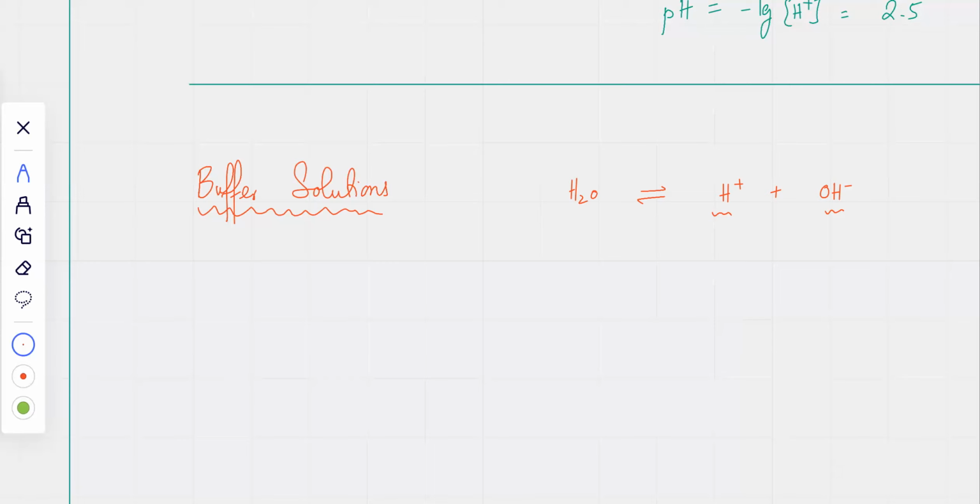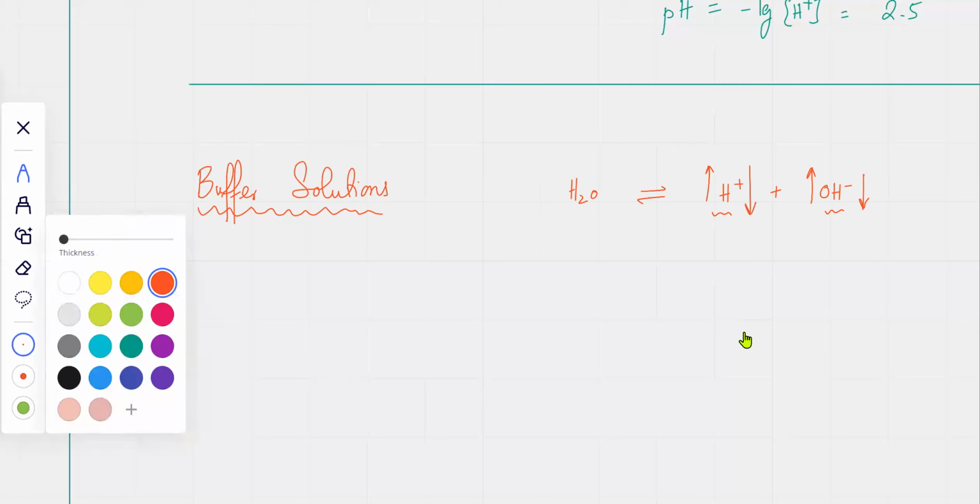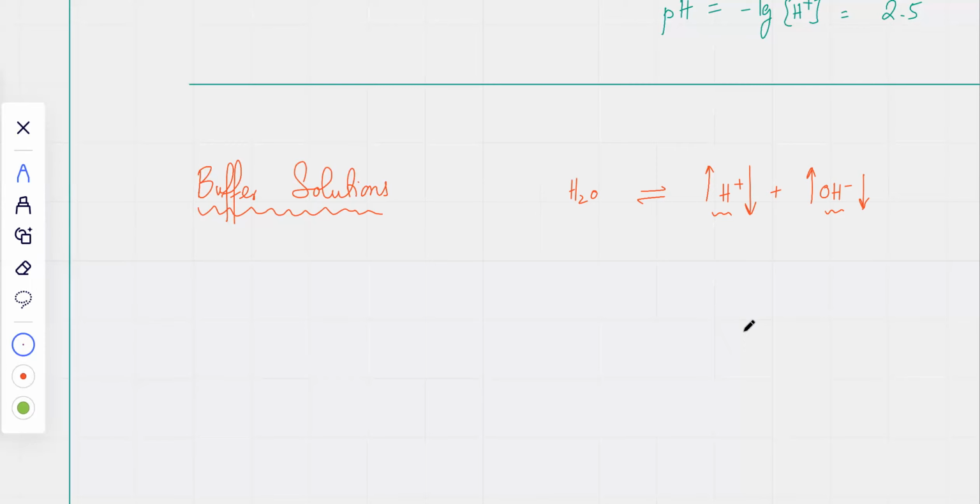Sometimes H plus 1 concentration increases and OH ion concentration decreases, and sometimes H plus 1 goes down and the OH ions go up. So solutions can turn acidic or basic. Specifically in the chemistry of life, in animals and plants, reactions are very sensitive to pH.